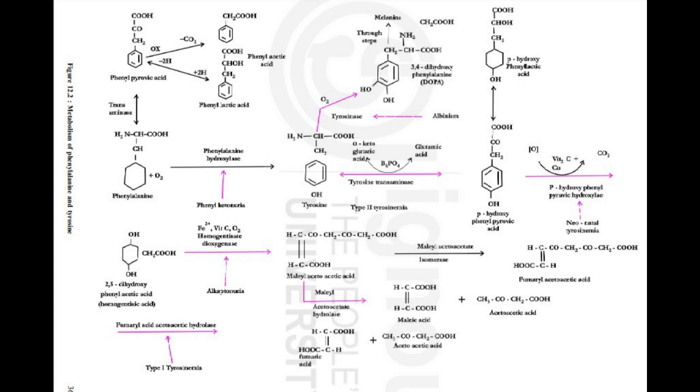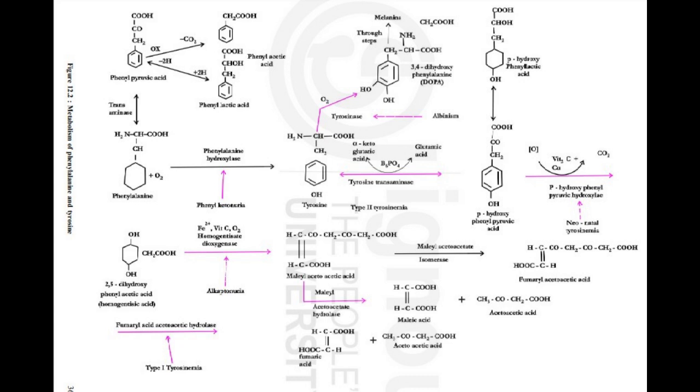In a normal person, tyrosine is metabolized through steps to homogentisic acid and further to maleylacetoacetic acid, as can be seen in Figure 12.2. Absence or deficiency of the enzyme homogentisate oxidase, homogentisate dioxygenase, causes a block in the metabolic pathway at homogentisic acid. Further metabolism of homogentisic acid is prevented.